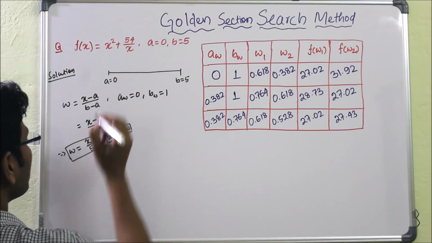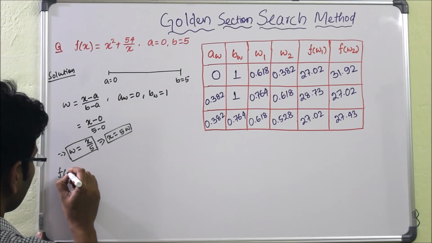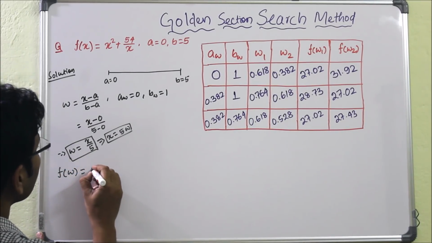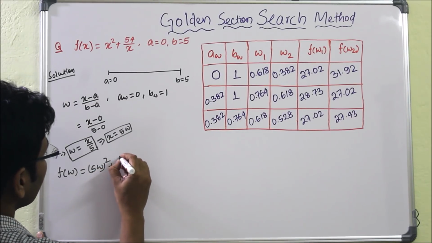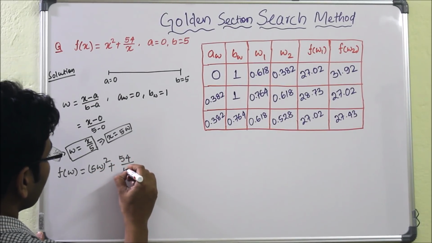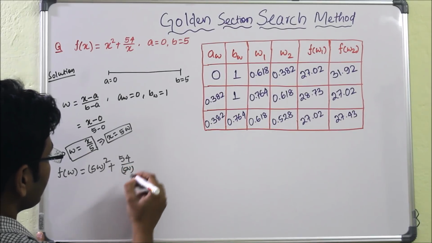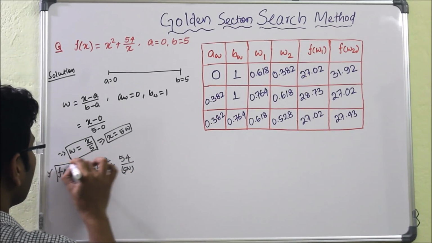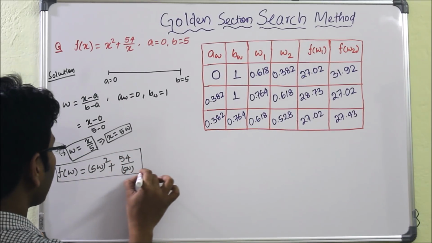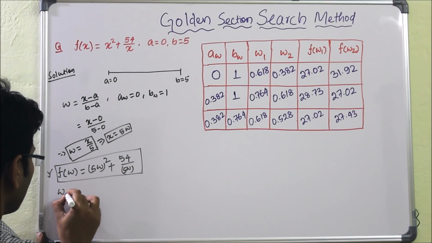So the new function f of w will be (5w) whole square plus 54 by 5w. Now we will use this function and find two values, w1 and w2.